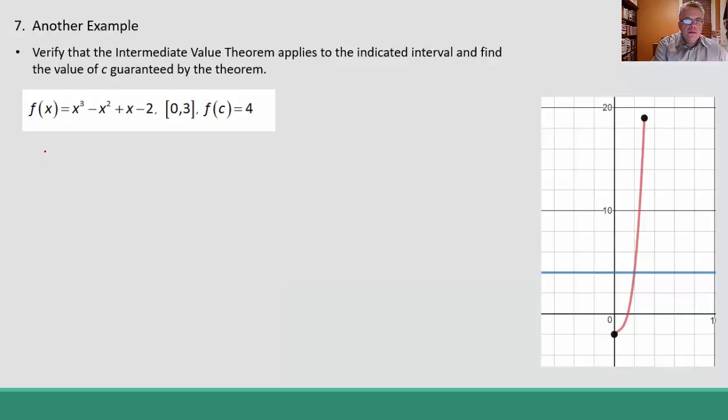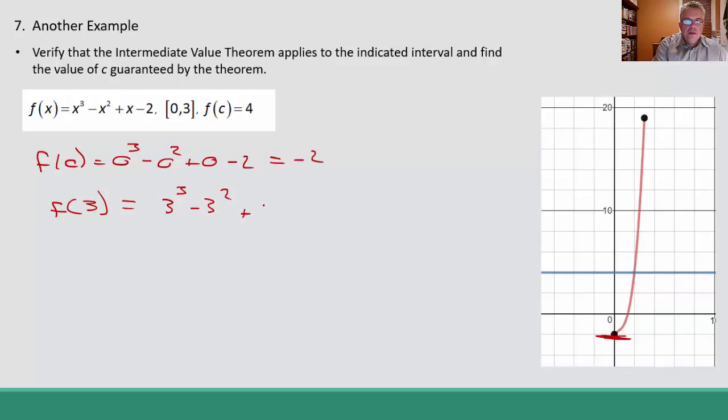So f of 0 equals 0 cubed minus 0 squared plus 0 minus 2, which is negative 2. That's down here. Okay, f at the other endpoint, f of 3 is 3 cubed minus 3 squared plus 3 minus 2. That ends up being 19, which is right here.